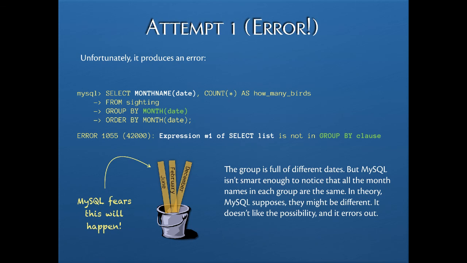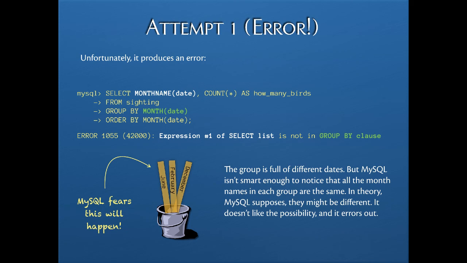So if we take the months of the year, the number, right, like 06 or 02 or 12, and we convert that into a month name, MySQL is worried that this is what is about to happen, that the month name in that group is somehow different. They're all different. That's a possibility, and MySQL is worried about that.